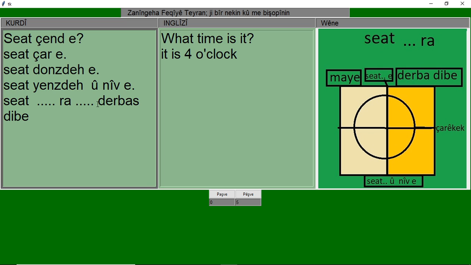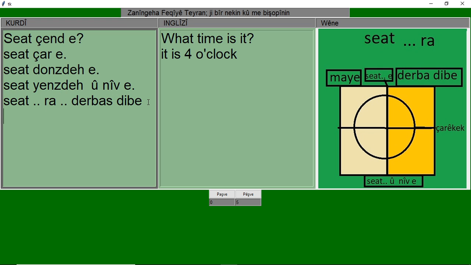Okay, maybe I should delete some of them so it comes in the same line. It doesn't come in the same line. Why? Come on, come in. Okay, it comes in the same line now. Okay, like this. You will put saat, you will say the time as the clock, and then you will say the minute.